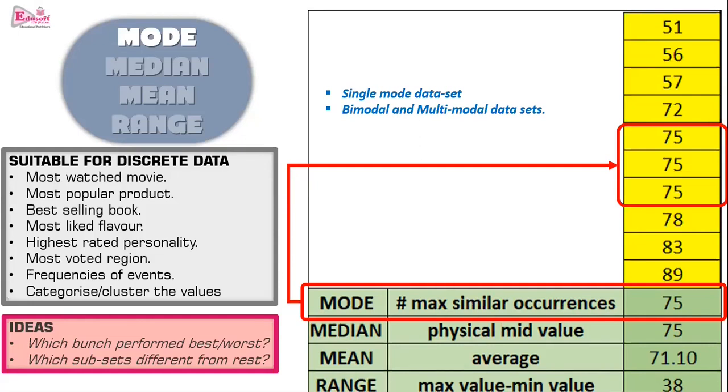Suppose in this data set, I cluster 51, 56, 57 in a separate cluster, 72 to 78 in a second cluster, and 83 and 89 in the third cluster. Then I can analyze which cluster has performed best or worst, or which subset is different from the rest of the subsets. This kind of analysis can be done simply by looking at the mode.